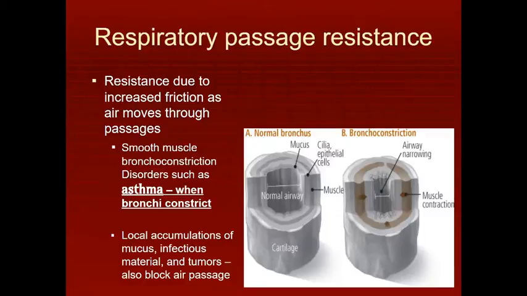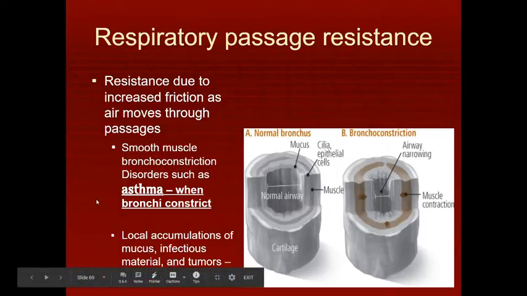So, as we keep going, respiratory passage resistance. Like I said, we want that airway free and clear. We don't want friction. Down here we talked about local accumulations of mucus or whatever, fungal infections and tumors and all that kind of stuff. We don't want that in there.